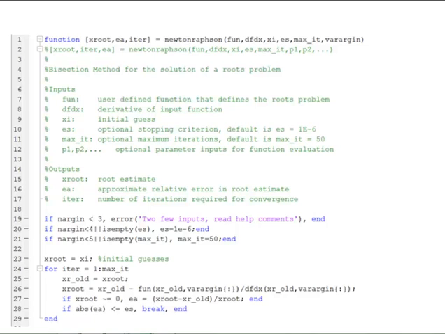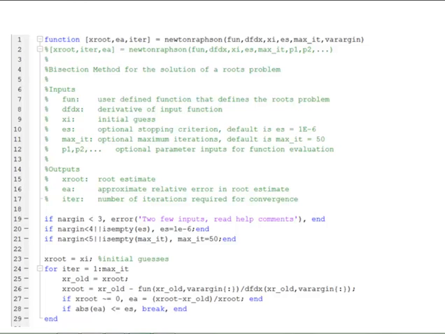Here's a Matlab function, again building on that latest version of our bisection function that includes varargin and a variable number of inputs with defaults for ES and the maximum number of iterations. The implementation of this actually takes quite a few fewer commands than bisection.